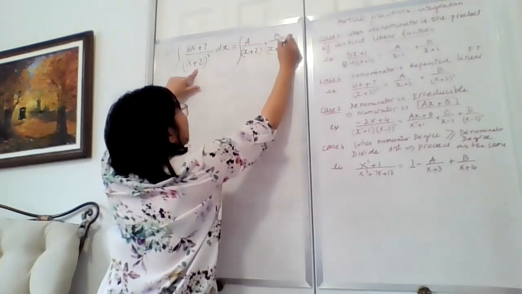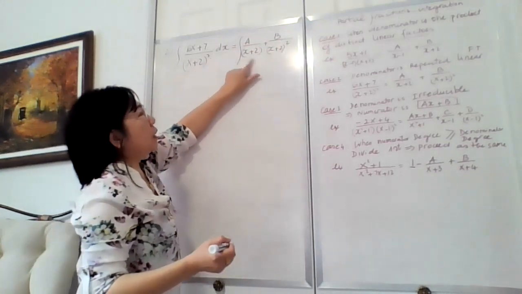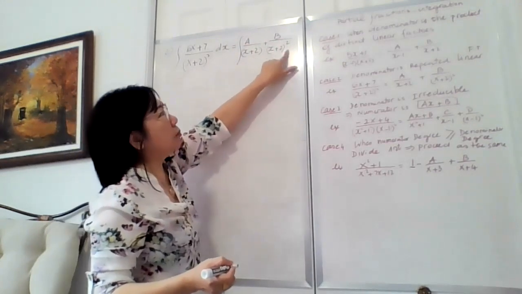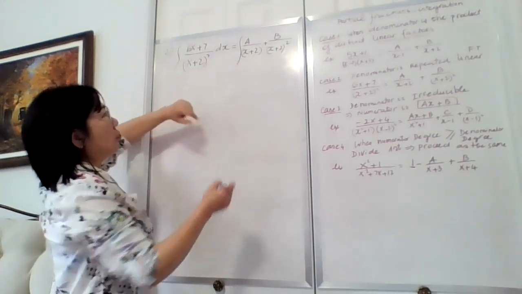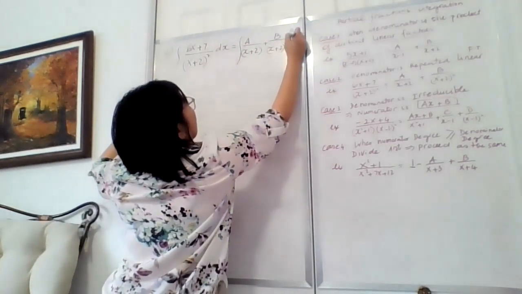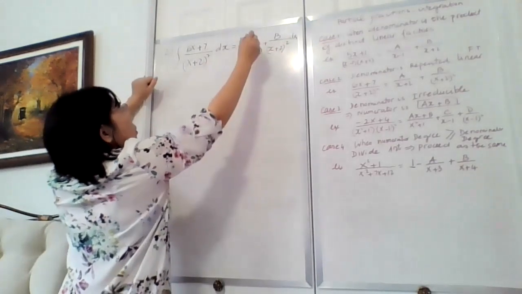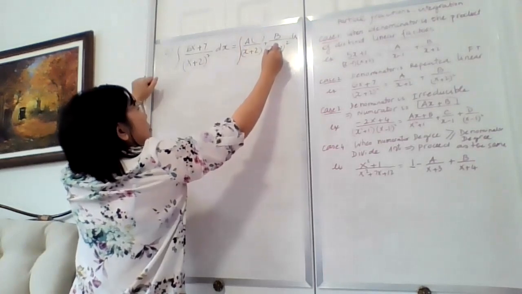However, the degree should be 2, just like that. So you break into 2 brackets: the first bracket is power 1, the second bracket power 2, because this is power 2. That's all you have to do. And dx.